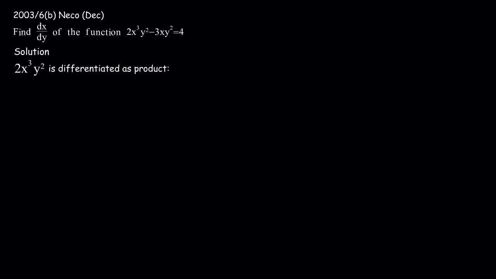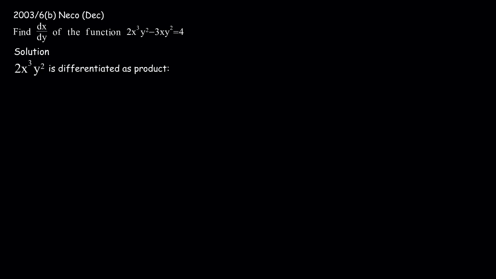Our next question is also from NECO. It states that find dy over ds of the function 2s cubed y square minus 3sy square equals 4. And as usual, we'll be differentiating each component individually, then adding everything together to get our final result. Differentiating 2s cubed y square, since it's a combination of s and y, we are going to be differentiating it as what?